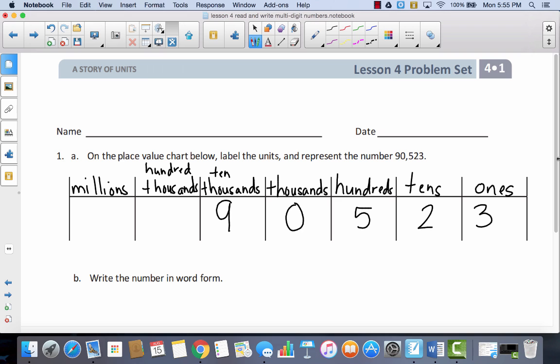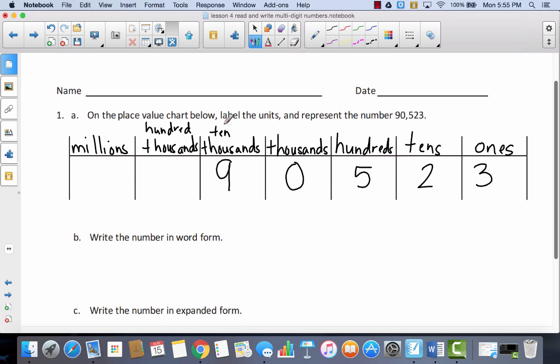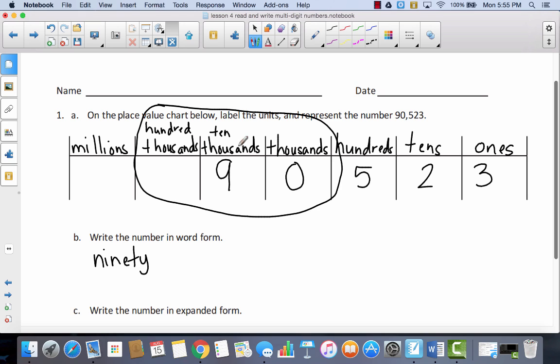So next it says to write the number in word form. So if you'll remember, these three numbers go together. They make up a family. So I'm going to read these just like I read ones, tens, and hundreds. So if I saw the number 90, I would read it 90. So the first word in reading this number would be 90. Now I'm going to say its place or its value.